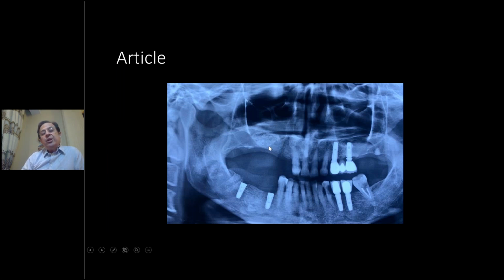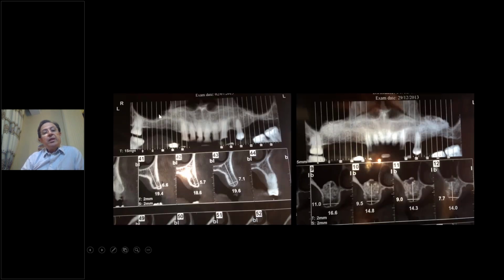For two-stage surgery, if we have very little bone in this area, we must fill the sinus first, and after 4 or 6 months, we can put the implant in the area. This is the case before and after the surgery.